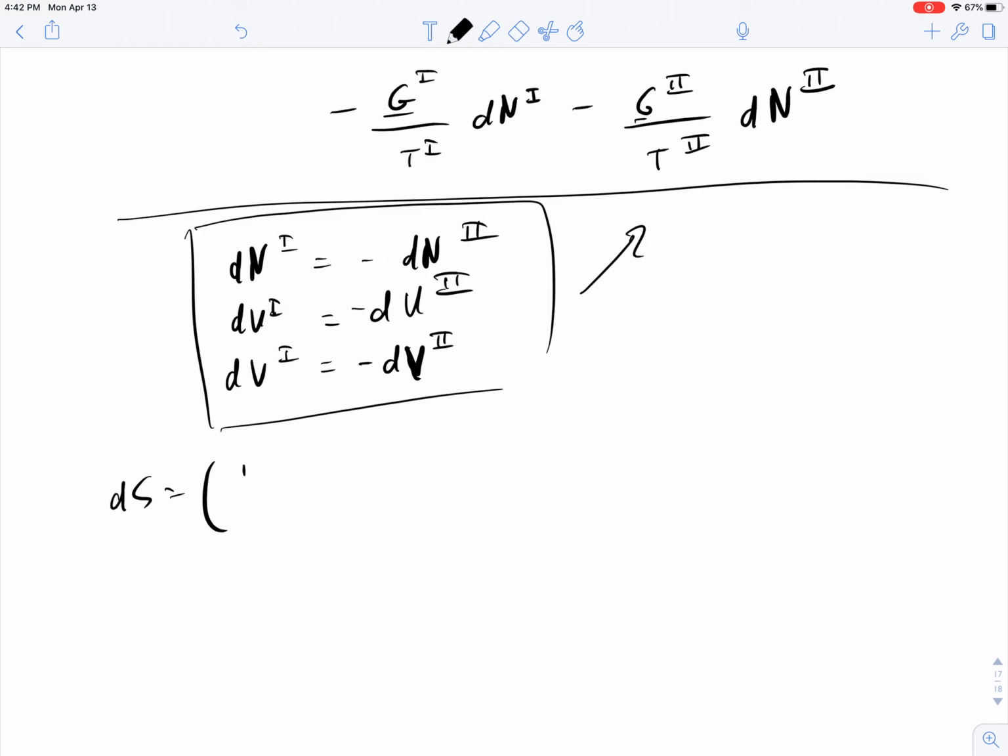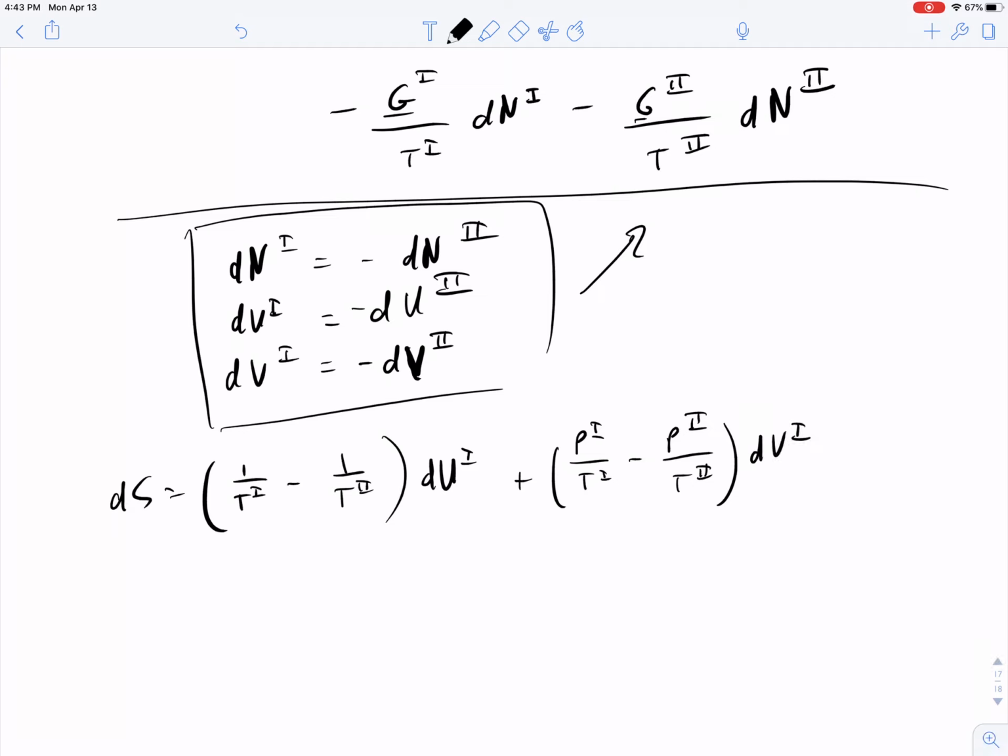Okay, dS equals 1 over temperature 1 in partition 1 minus 1 over temperature 2, times dU1, plus P1 over T1 minus P2 over T2 times dV1.